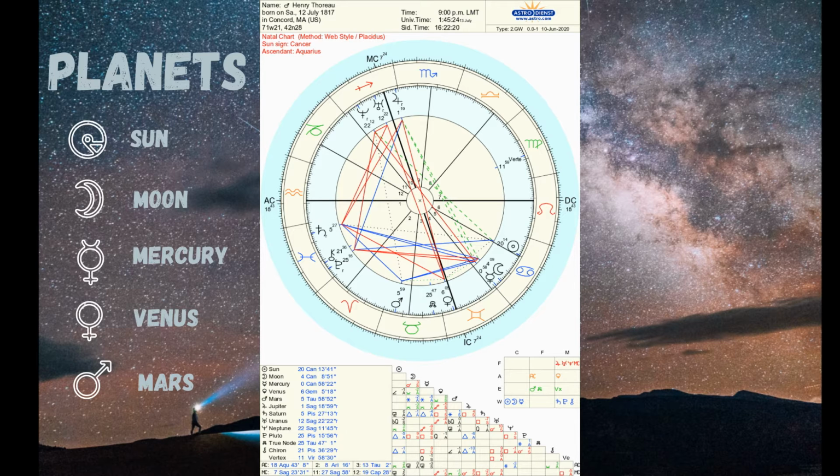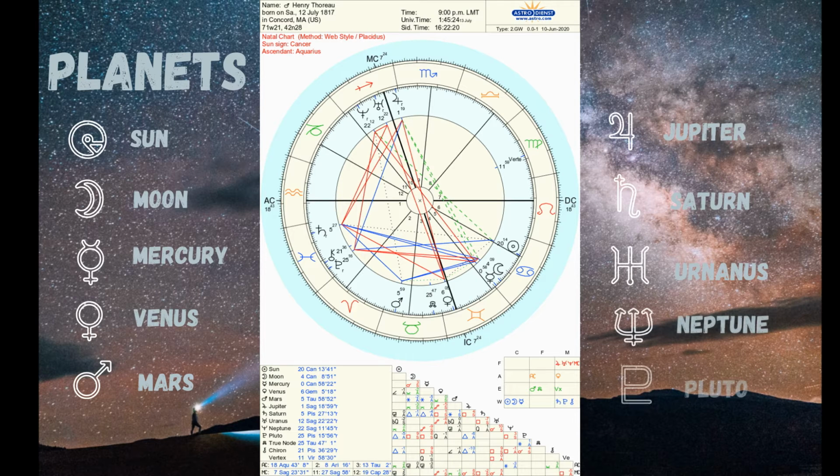Mars is energy. Then we have five more planets, which are the outer planets: Jupiter, Saturn, Uranus, Neptune, and Pluto. These planets affect how our inner planets express those inner things that I just listed, such as ego, emotions, communication, love, beauty, and energy.